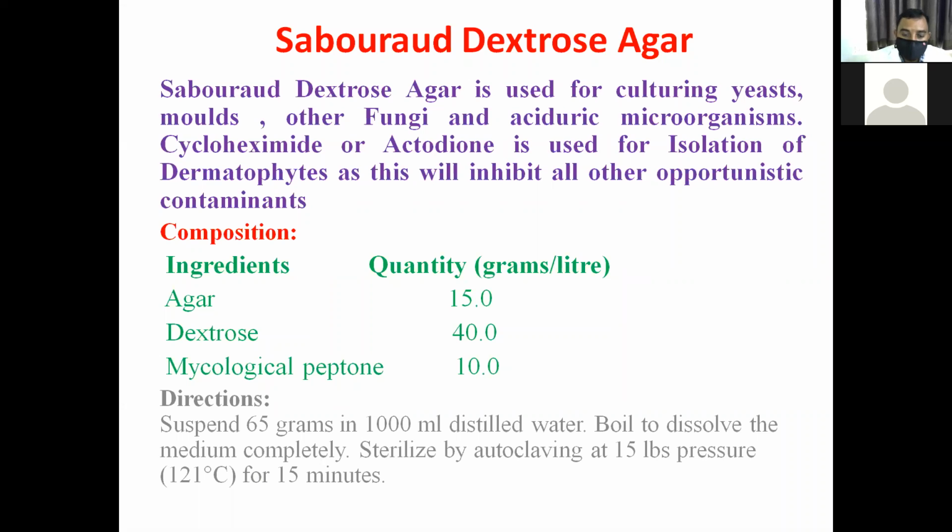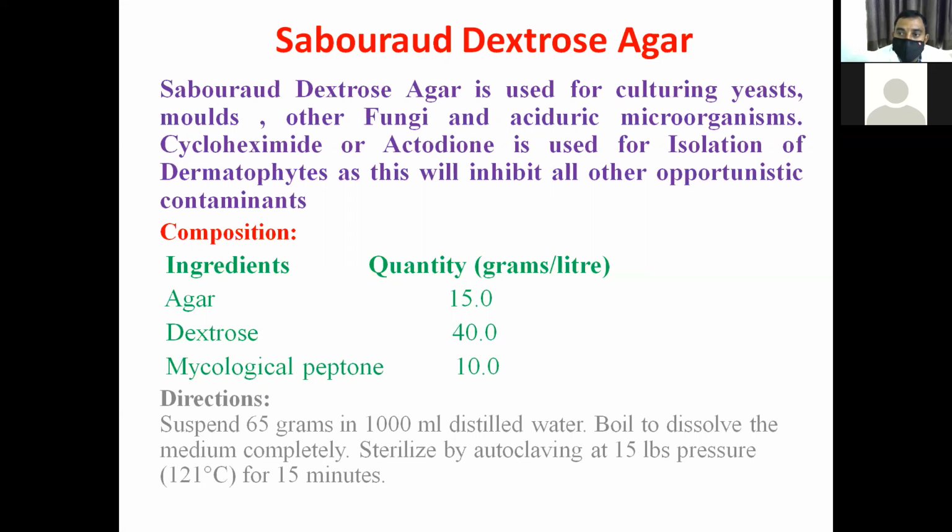Cycloheximide is used for isolation of dermatophytes, as this will inhibit all other opportunistic contaminants. Usually we put the ingredients, Sabouraud dextrose agar with antibiotics, inoculated and incubated at 22 to 37 degrees centigrade. Chloramphenicol antibiotic we will use.